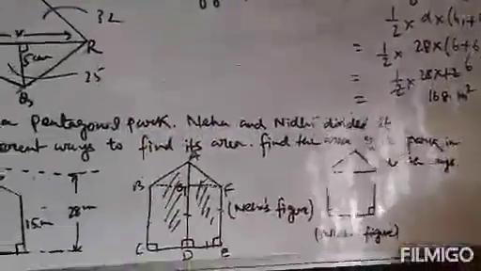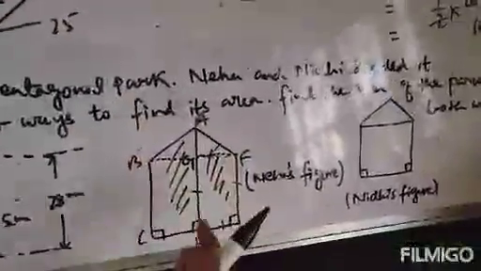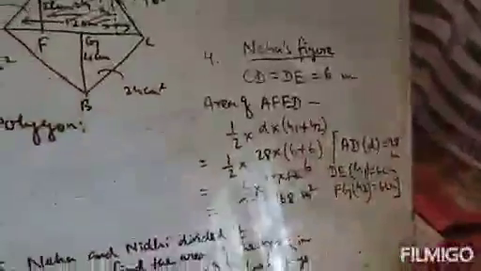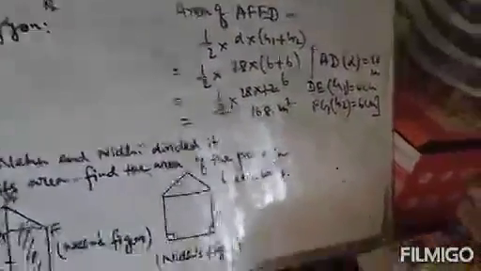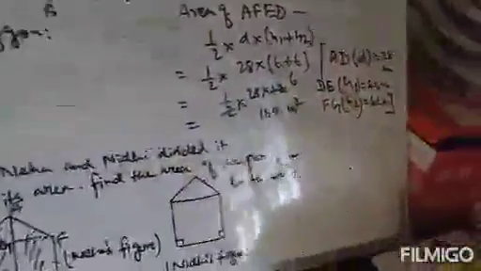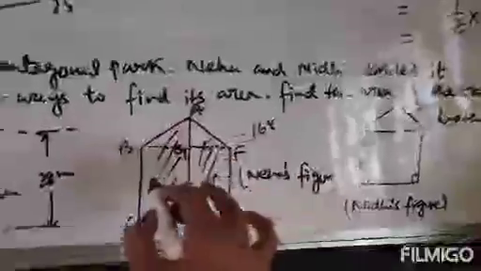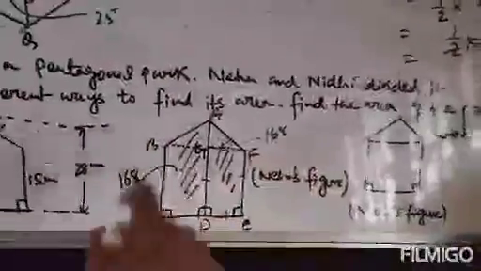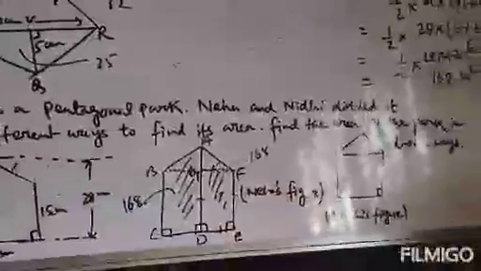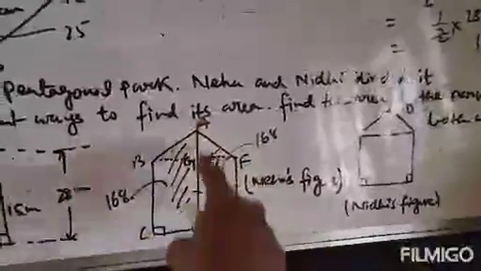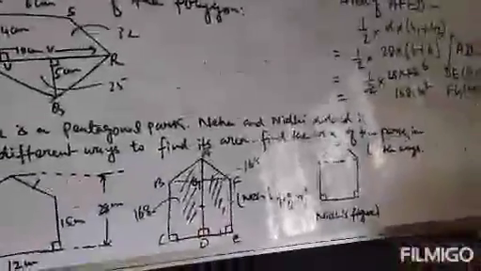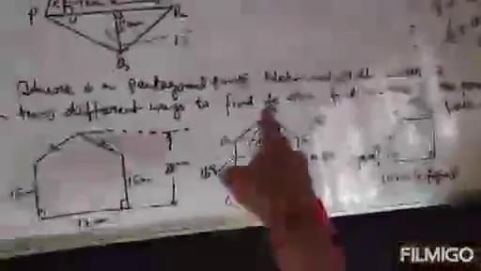So we don't need to find the area of ABCD separately like we have found the area of AFED. We will just multiply this into 2, because this portion area is 168 and this portion will also be 168. So total area will be 168 plus 168 or 168 into 2. That will be the area. We need not find the area of this quadrilateral separately, because data is same.